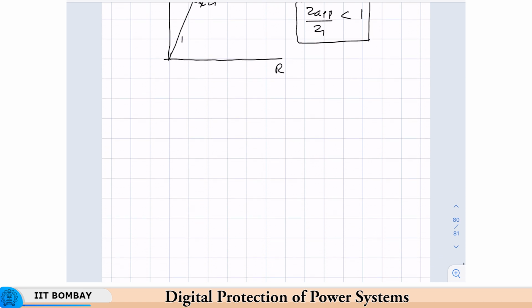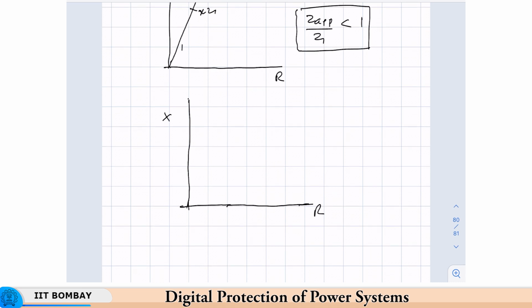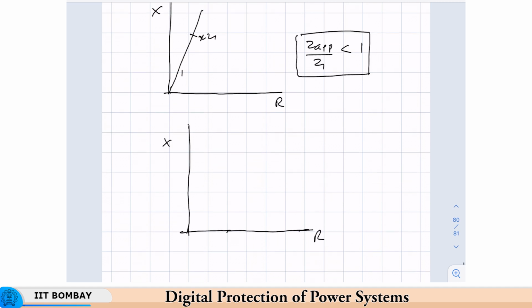So what we have is, this is the transmission line locus on the Rx plane, and suppose the fault occurred here and then there is some fault impedance, you would have to go like this. Fault occurs at the end of the line, you will have to move along the x-axis, because the R is on the x-axis.